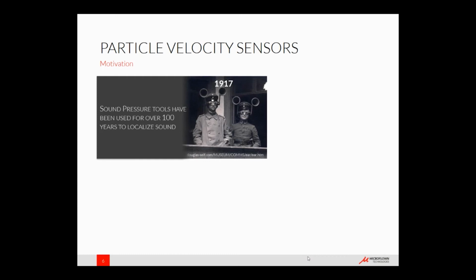We humans can hear sound pressure, and for more than 100 years or even longer, we developed tools based on sound pressure to help us better understand sound, quantify, localize, etc. So here you see a nice picture of two Germans who look like Mickey Mouse with two big ears to get better direction of the sound.